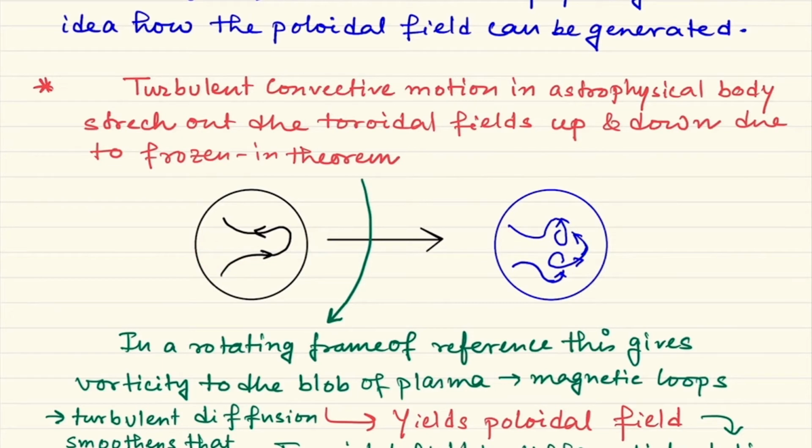And then what happens is that there is turbulent convective motion, and if the body has an effective conductivity which is much larger than the viscous effects, then the frozen-in field theorem is approximately valid. When the frozen-in field theorem is valid, the plasma would drag the magnetic lines of force.